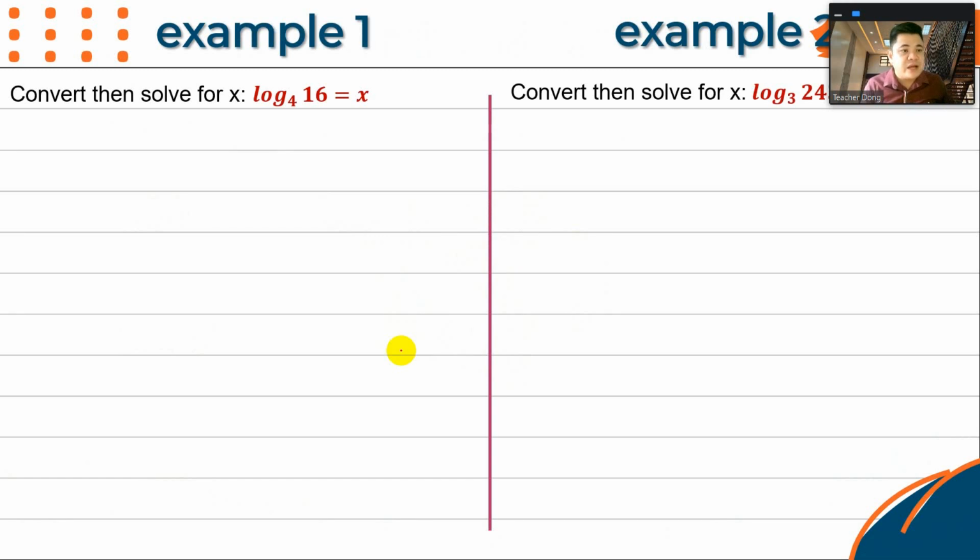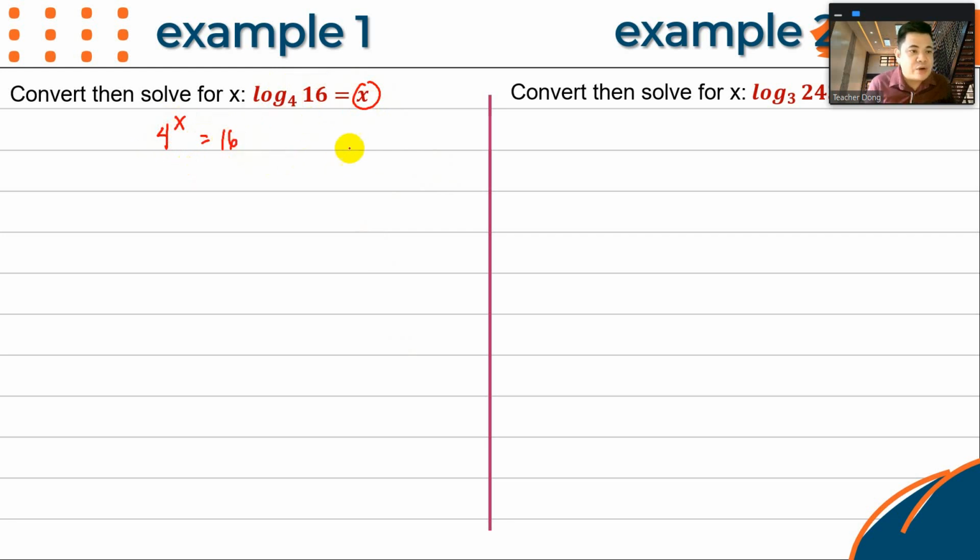Next, let's have the first example. Convert, then solve for x. In our logarithmic equation, logarithm of 16 base 4 is x. How are we going to solve for the value of x? Just remember that before we can solve for x, you will have to convert this first to exponential function. Our base is 4, which is raised to the other side of the equation, x, equals 16.